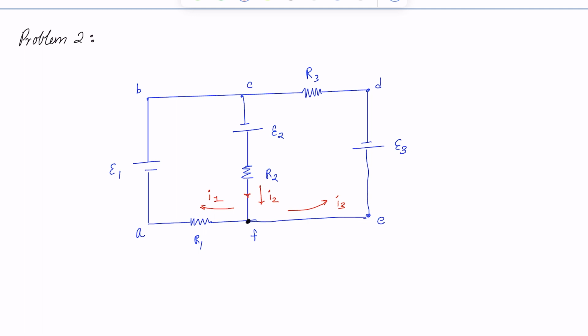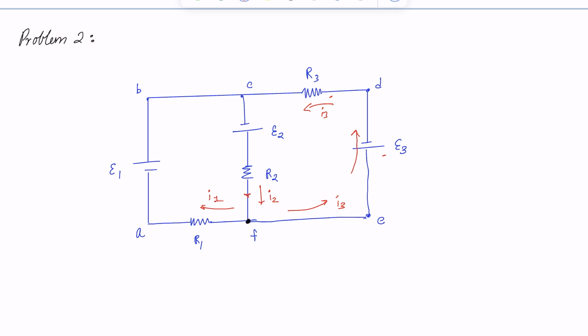So I2, I1, I3. Why I took this special node F can be one question. Doesn't matter. What I'm trying to do here is make sure that in each of these circuit elements there's some current going through. So this I3 is the same in this section, see? Same I3 is across E3. So we've got I3 here, I3 here, I3 here.